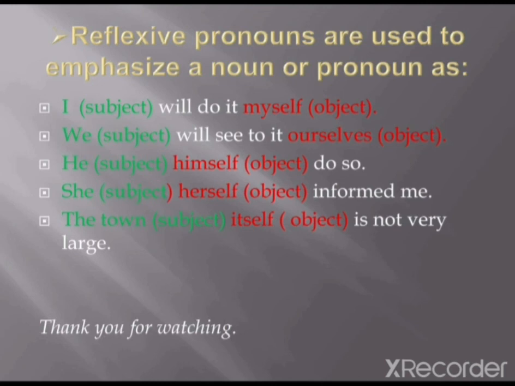Here in these examples, objects like ourselves, himself, herself, itself are the same as the subject like we, he, she and the town respectively. Apart from this, we can say that reflexive pronoun refers back to the subject forms of personal pronouns.